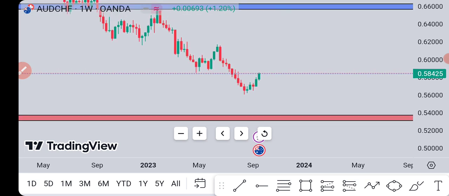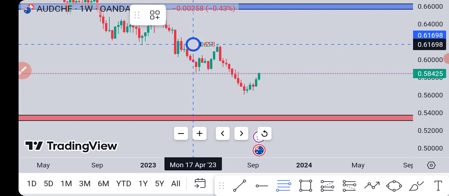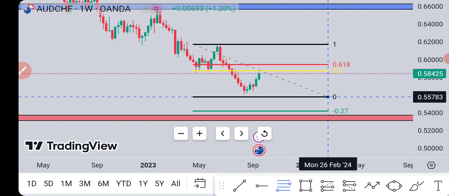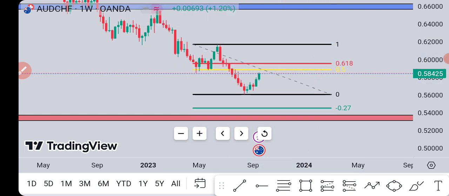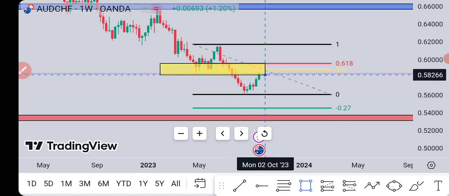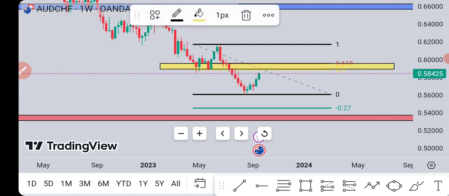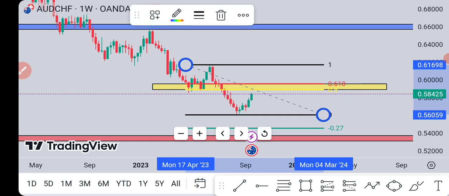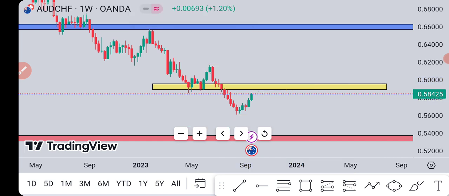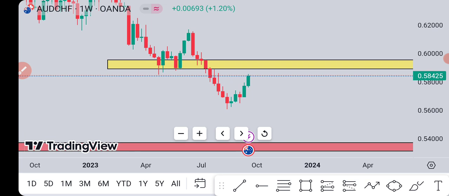So if I take my Fibonacci from the high to the low, you see our 50% retracement level and 0.618 falls inside of this range, so at least the market should, now we are almost inside of that zone.